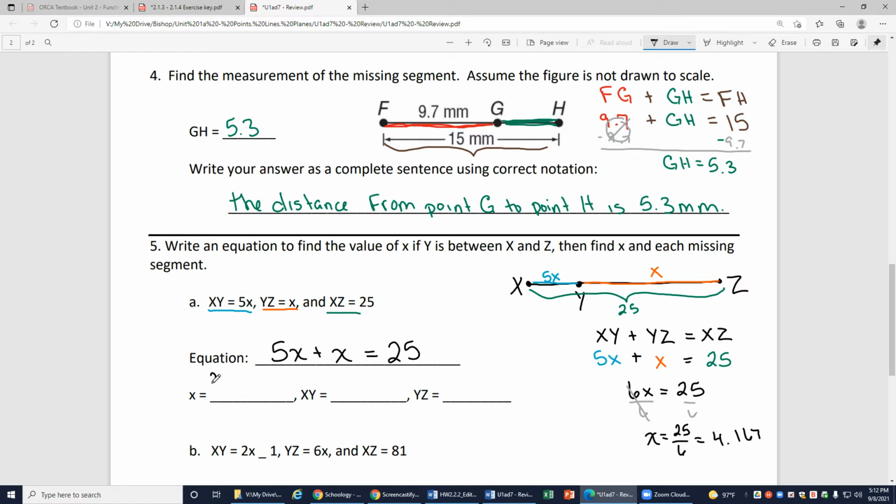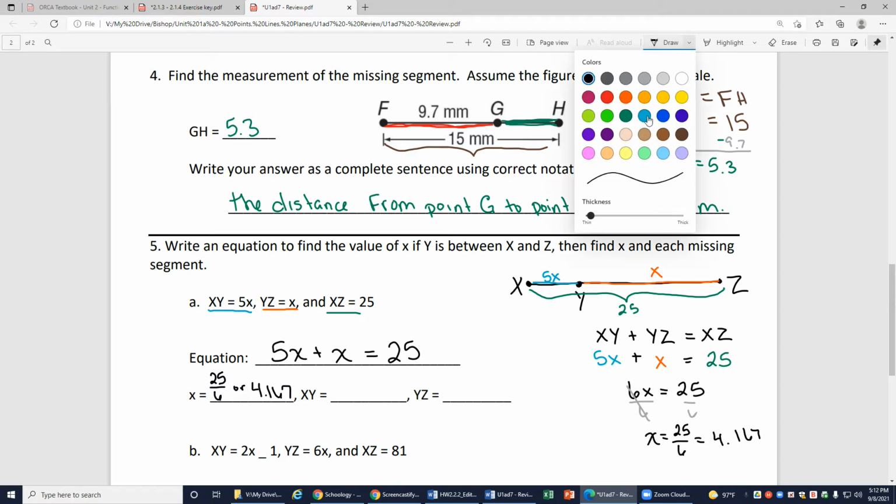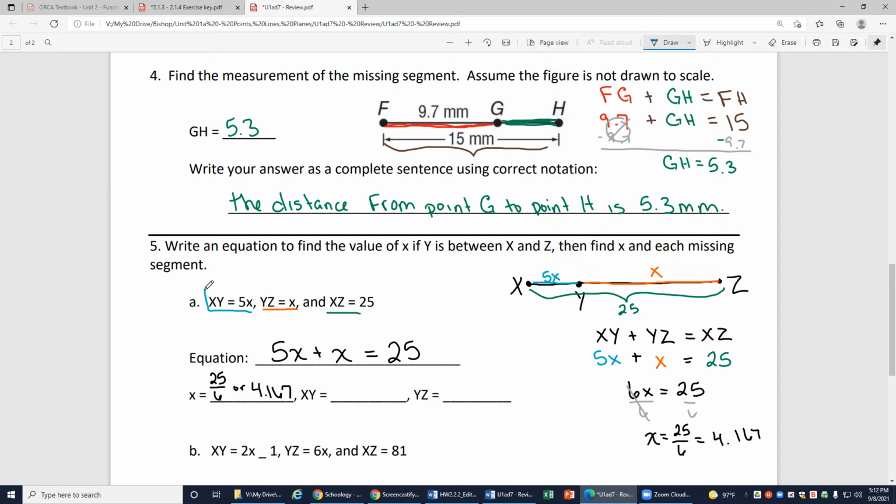So you can either leave it as 25/6, or we can say it is 4.167.